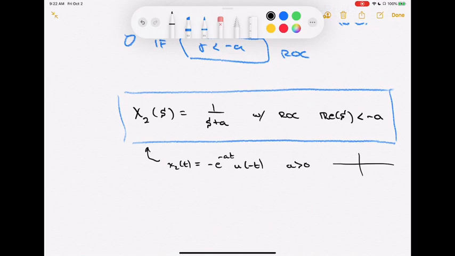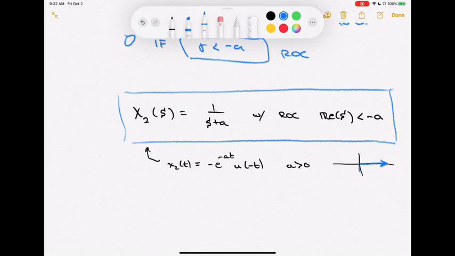E to the minus at, if a is positive, that whole thing out front of the t is going to be a negative number. And as t heads off to minus infinity, it grows. U of minus t tells us it's only negative times that this thing is non-zero. Anything to the right of that is 0. So we have, because of the u of minus t, it goes like that.